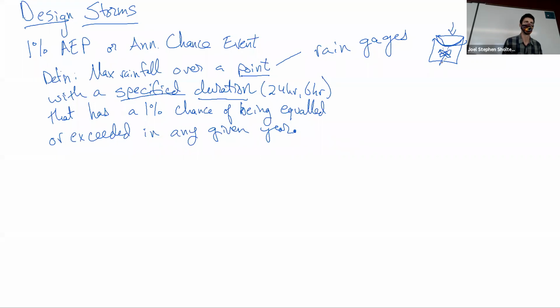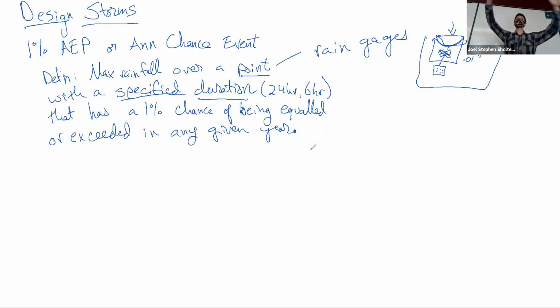And then the drops go in here, it tips, and it goes that way. And every time it tips, there's a little computer attached to it, and it logs that event. And it says every time that bucket tips, say 0.01 inches of rain have fallen. And so it just does a timestamp associated with that. So that's pretty low tech technology, but that's how we collect rain data. And it's over a point.